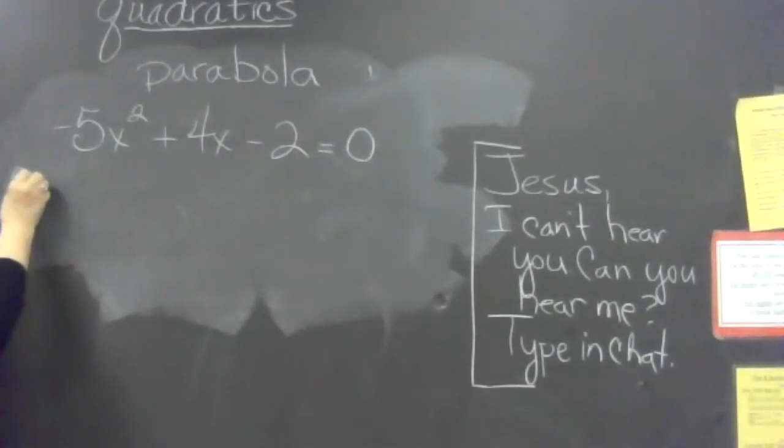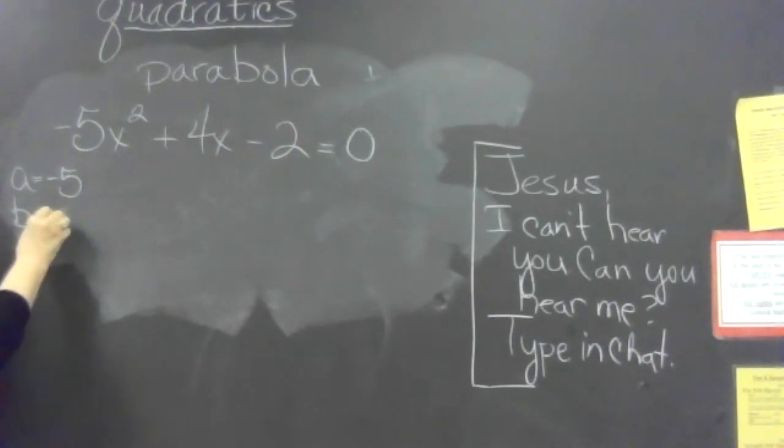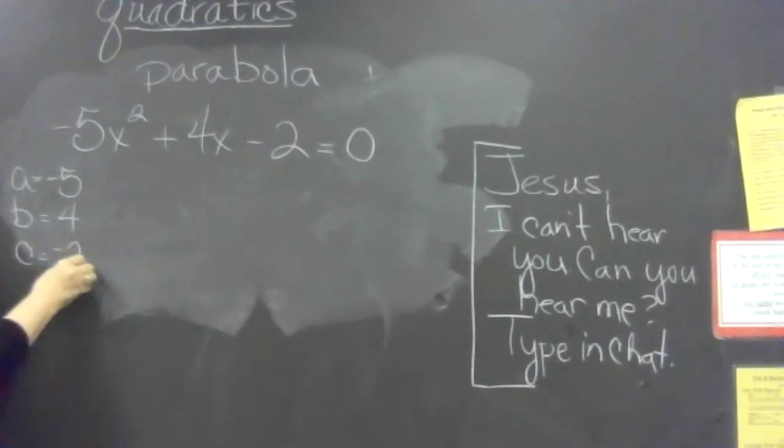What is the value of A? Negative 5. Value of B? Positive 4. And C? Negative 2. That's wonderful.